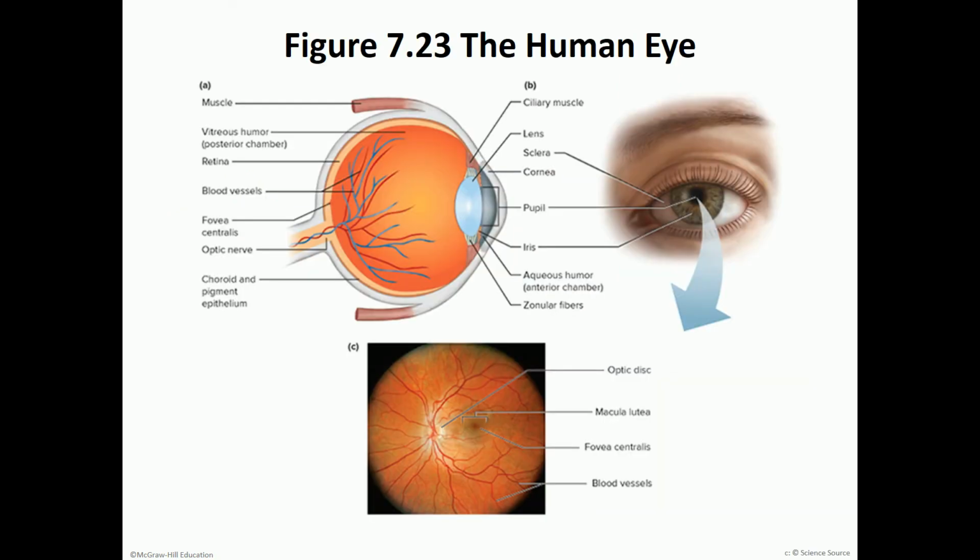Now, a little bit on the anatomy of the human eye. So I'll go through this really quick. More details about this can be found in the textbook. The eye is made out of 3 concentric circles. The one on the outside, or the external portion, is made out of the cornea and the sclera.